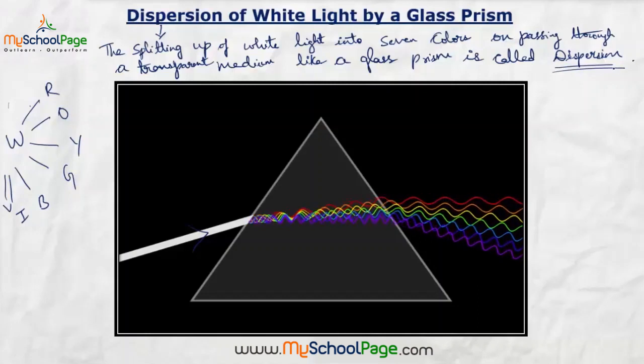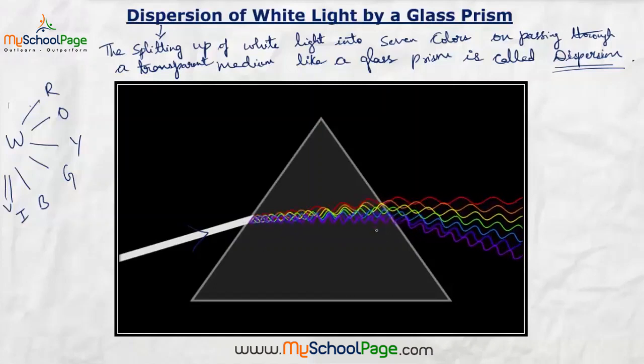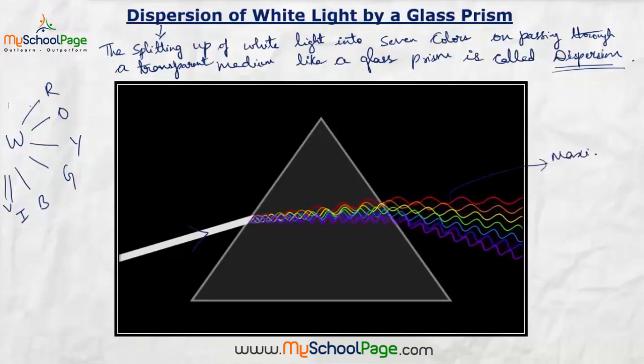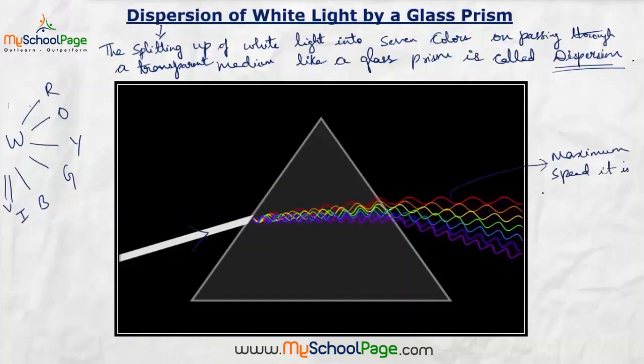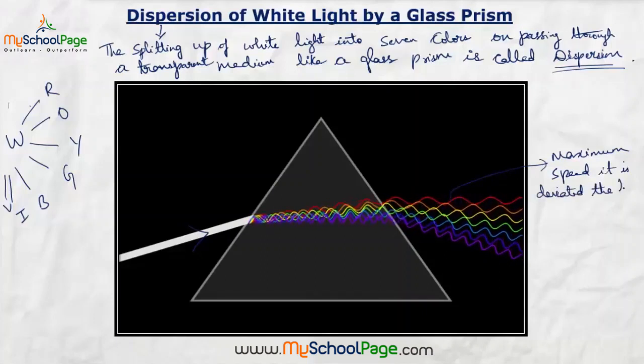Dispersion of white light occurs because the colors of white light travel at different speeds through the glass prism. Since the red color has the maximum speed in the glass prism, it is deviated the least.